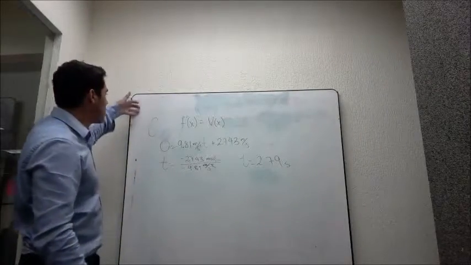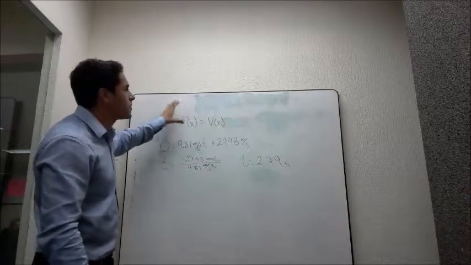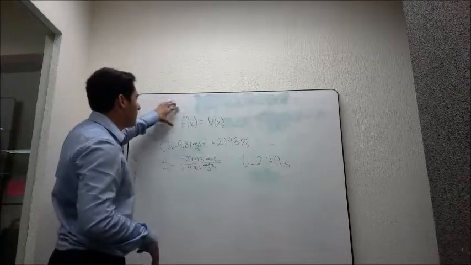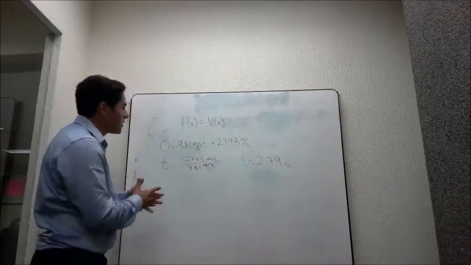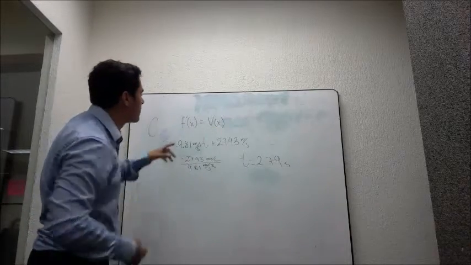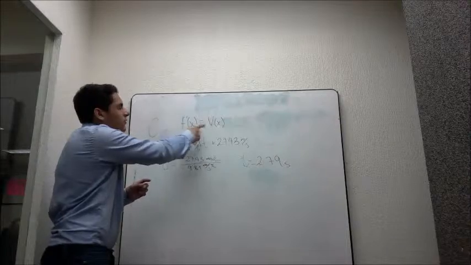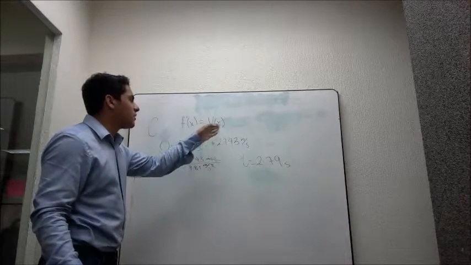Point C asks us to explain why this velocity is important. This velocity is important because, first, f prime of x is equal to v, the velocity of x.